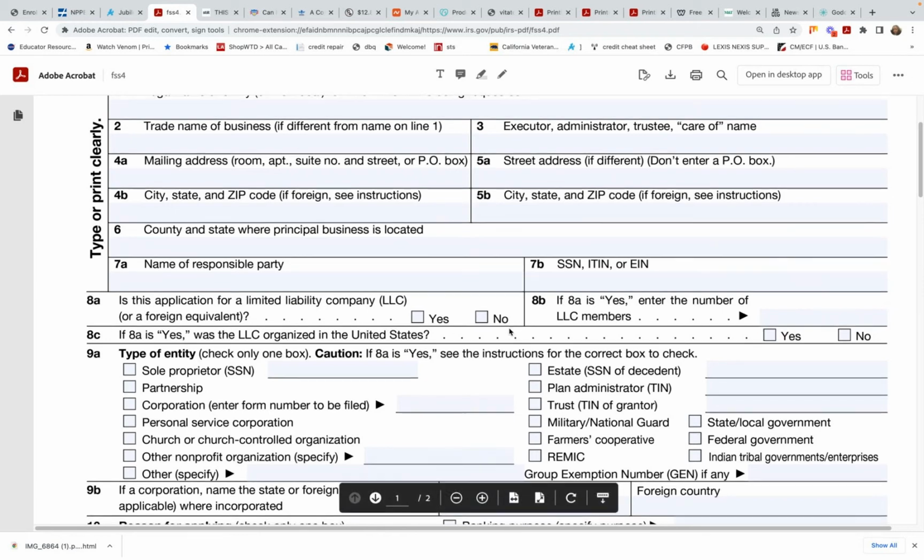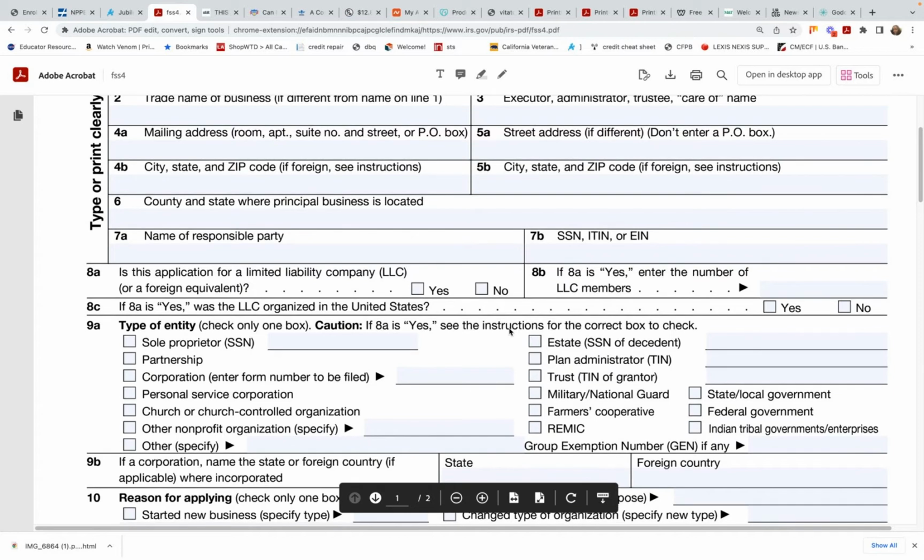All right. 8B says if it is yes, enter the number of LLC members. Remember I said in 7A and 7B, a lot of times you could be an LLP or an LLC that could have more than one member. An S Corp can have, let me make sure I'm saying that right, yeah, an S Corp can have more than one member.